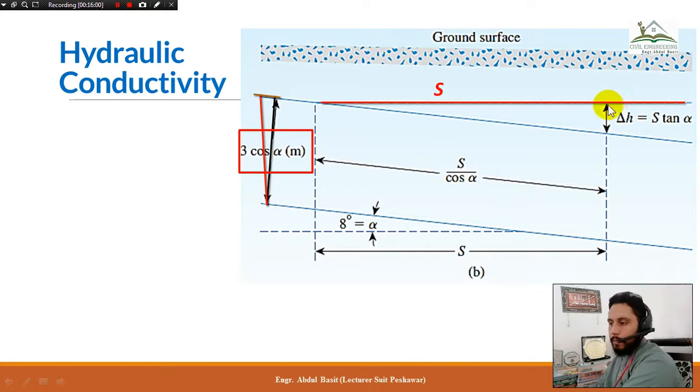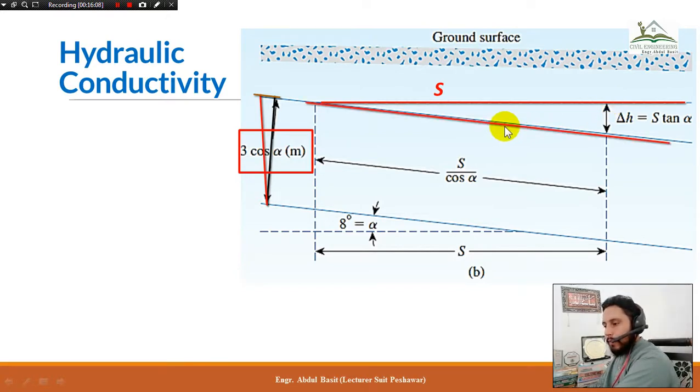Not completely till this point, just till this point. This is S. We need to find out this line. So how to find it out? This is alpha, this is alpha.